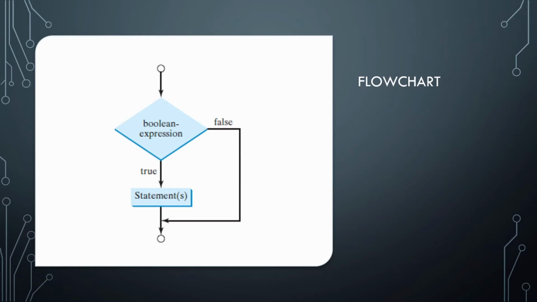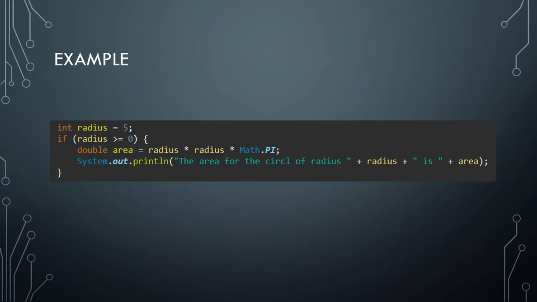So if we take the example: if radius is greater than or equal to 0, then we'll get the area and we'll print it out. Currently, radius is 5. That's true. The 5 is greater than or equal to 0. However, if radius was -1, or really if the radius was below 0, then we shouldn't be able to calculate the area of a circle.